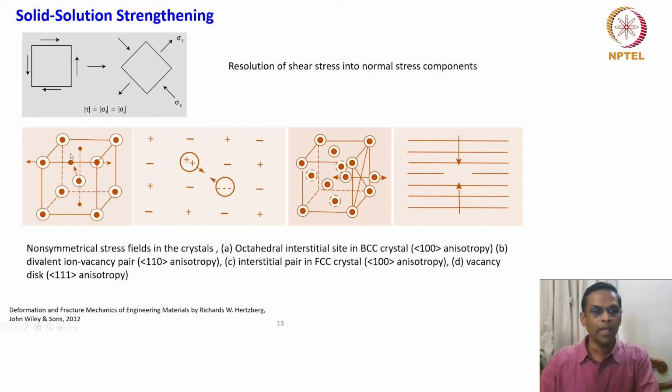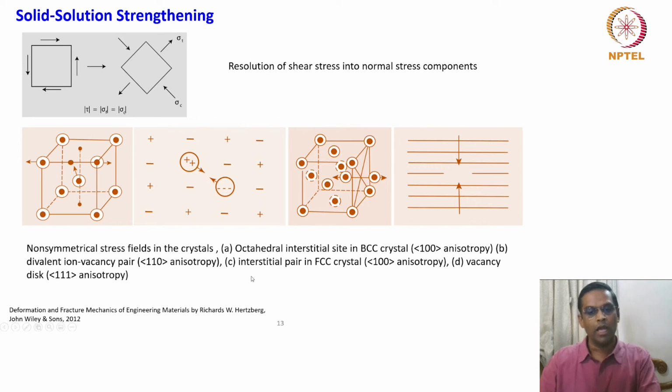All of you know this, and it's a very classical example of having a distorted lattice but still forming a very strong solid solution. So the non-symmetrical stress field in this BCC lattice, with carbon as an interstitial, is a classical example. They exhibit anisotropy in 100 and 110 also. If you take the second one, the divalent ion vacancy pair, this was shown in the previous slide, and it shows anisotropy in the 110 direction.